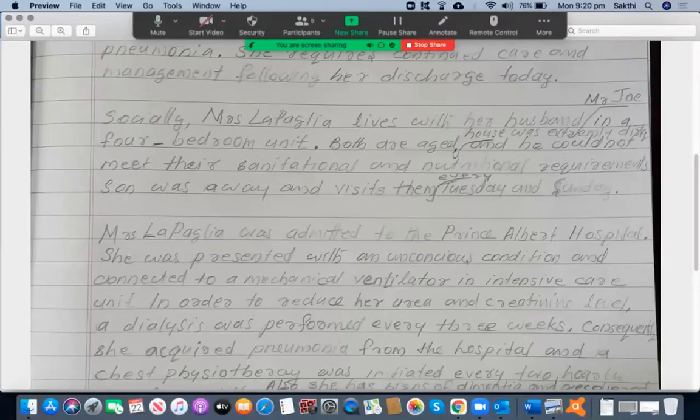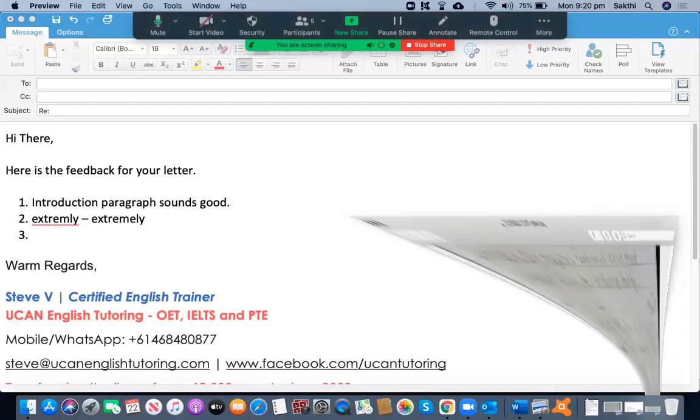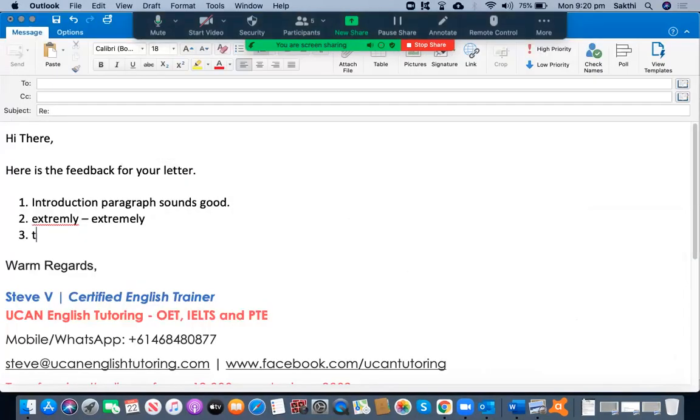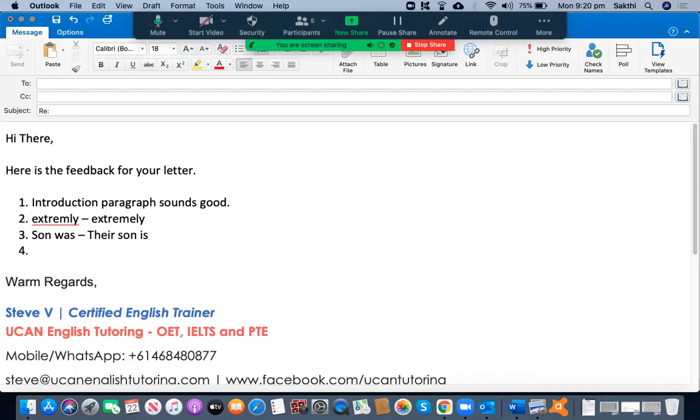Son was away. So is that the next sentence? Yes, sir. You could have mentioned that their son was away. And is it was away or is away? If it is the present tense, you should say is. Instead of writing just son was away, what you should have done is their son is, because it's going to be the present tense.